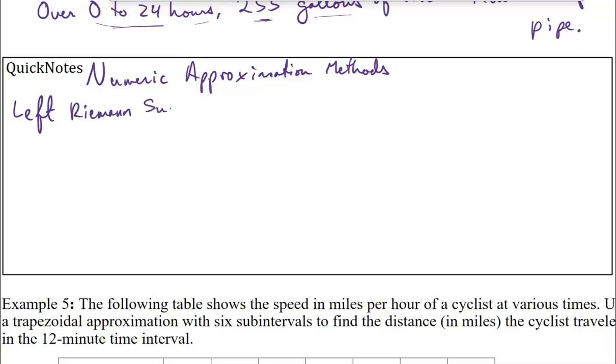Riemann sum, we're going to use the left endpoint of each subinterval. Not the input value, not the x or t value, but the output of the function at the left endpoint of each subinterval becomes the height of each rectangle.